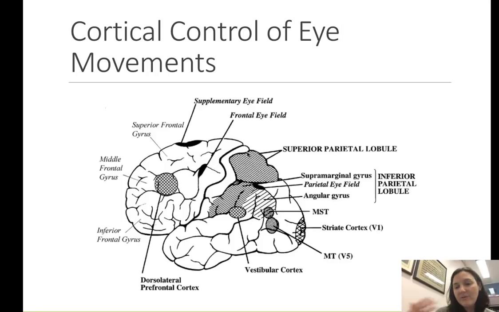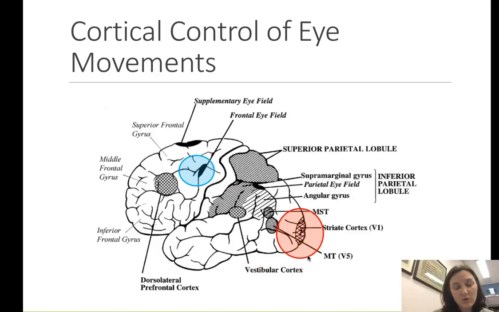From here, everything else that we're going to talk about involves the cortical control and how we are able to tell whether or not a lesion is cortical or brainstem mediated. As you'll remember, we talked about saccades and smooth pursuit. Saccades in particular are generated from the frontal eye fields, and the smooth pursuit is from the striate cortex.